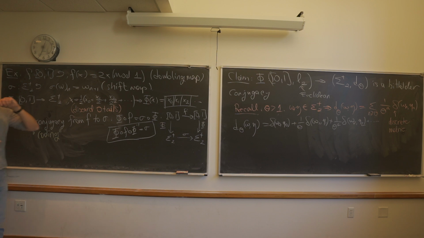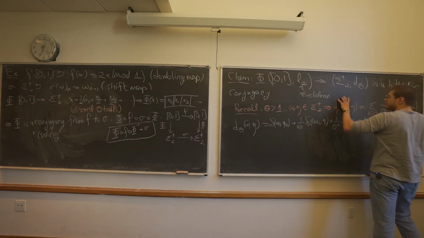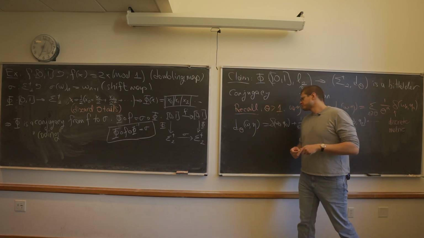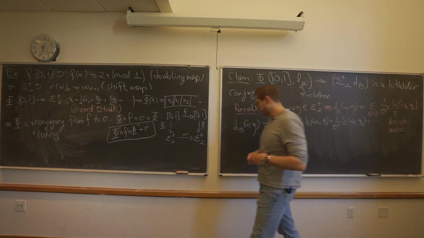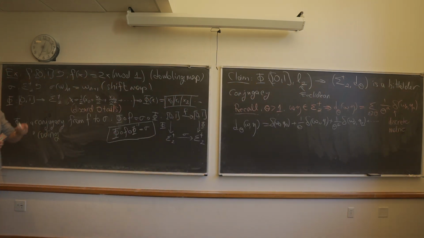Now, in the notes, I defined a bunch of other families of metrics that are very useful for shift spaces. I compared them, which ones are Hölder equivalent to which other one, which one is Lipschitz equivalent, and so on. But this is one very common metric, and this is, I think, also the family that Barnes uses. Okay, so I'm not going to prove the whole thing.